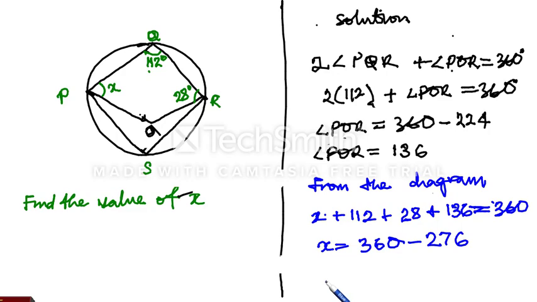So x is equal to 360 minus 276, which is 84. So we write 84 degrees here to be the value of x.